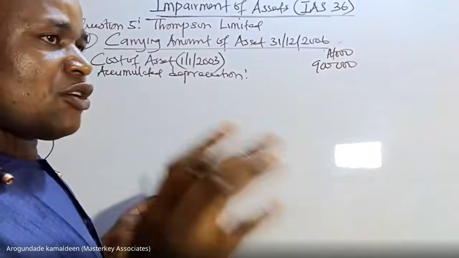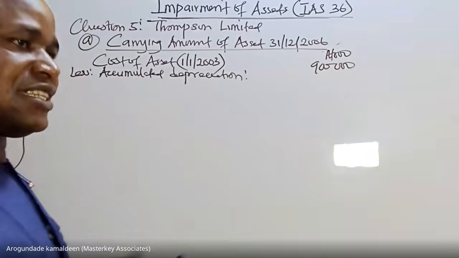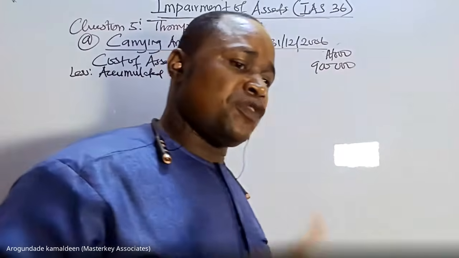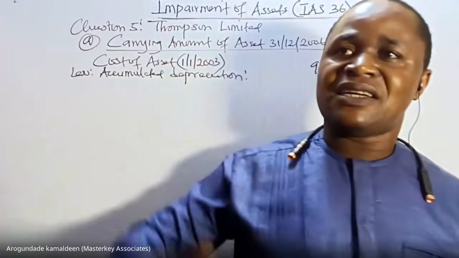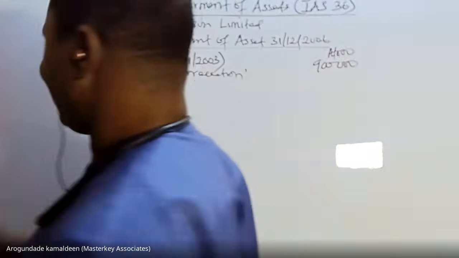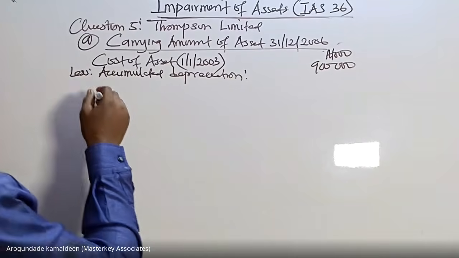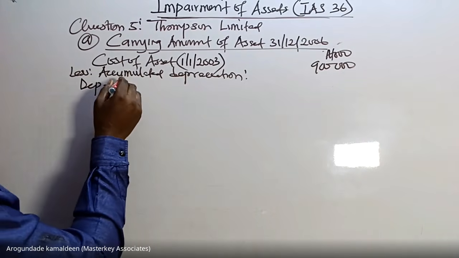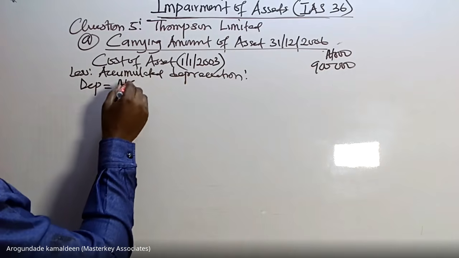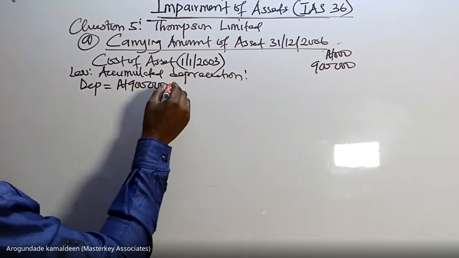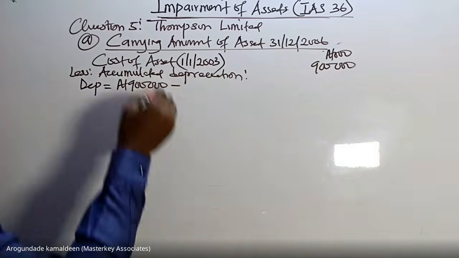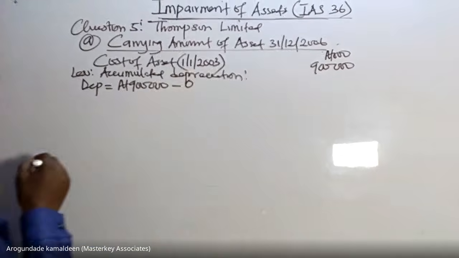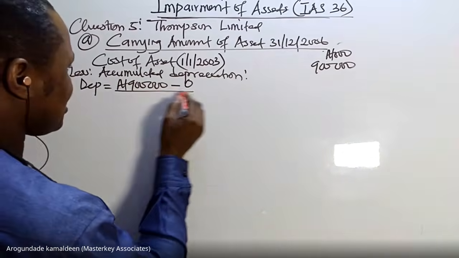It should have been the cost minus residual value over the useful life, but in this case it has nil residual value. So your depreciation is the 900 million less 0 over 10 years.